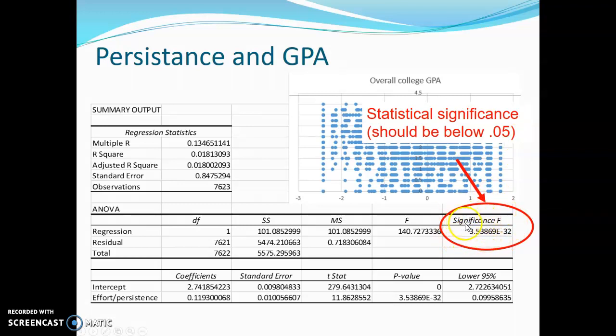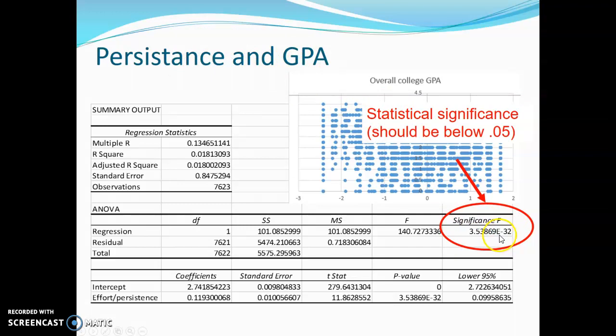This is also called a p-value. You may have heard of p-value. This is the p-value for the entire model, so it's kind of the key into the model. Below 0.05 is typically what we're looking at for statistical significance. So lower is a greater chance that there is a connection between these two.